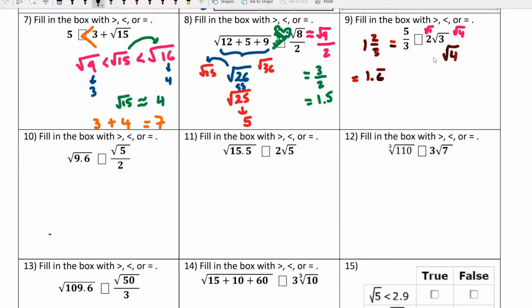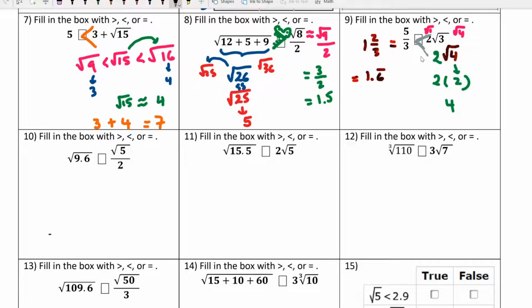Then we bring down the 2. 2 times square root of 4, which is 2 times 2, is 4. So obviously 1.6 is less than 4, so we're going to draw the inequality sign this way.